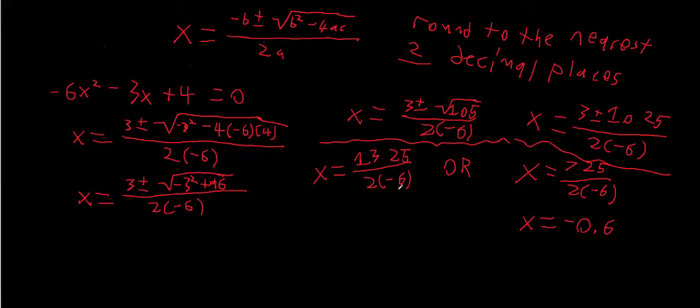And over here, 13.25 divided by negative 12 equals negative 1.1, approximately, of course. So x equals negative 1.1. And there we go. Those are our two answers to solve this problem.